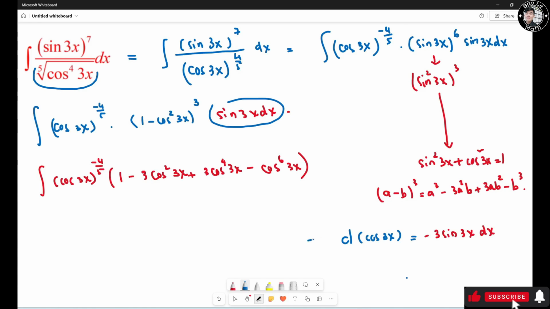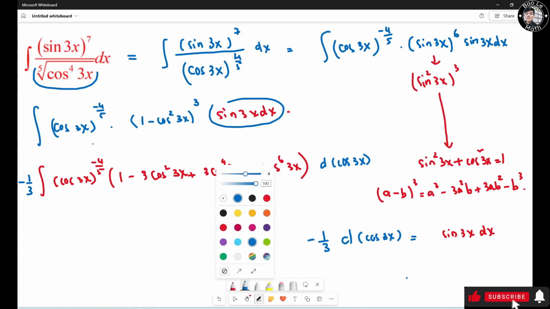So it could be negative 1/3 right here. So then this guy is gone, right? So I just replace sine of 3s ds right here with negative 1/3 d of cosine 3s, and I write negative 1/3 in the front. Now I just distribute this one.